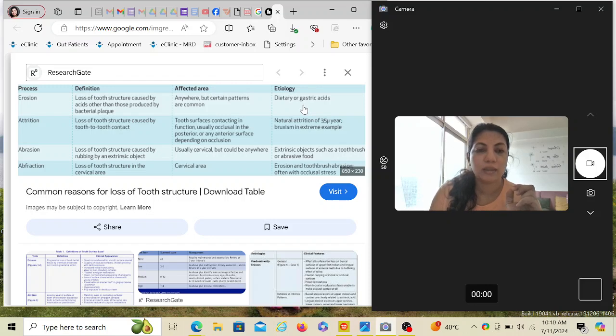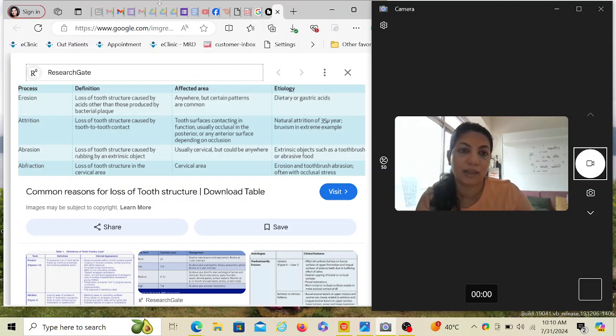I'm sure in a lot of patients you must have seen those class 5 cavities. In certain patients, they are just saucer shaped. That is abrasion. But in certain patients, you'll see a very sharp V-shaped defect with the bottom of the V inside, towards the center. That sharp V-shaped defect is abfraction and not abrasion.